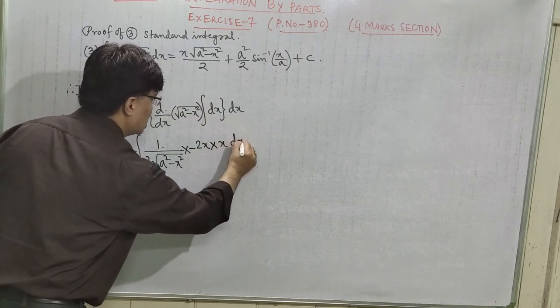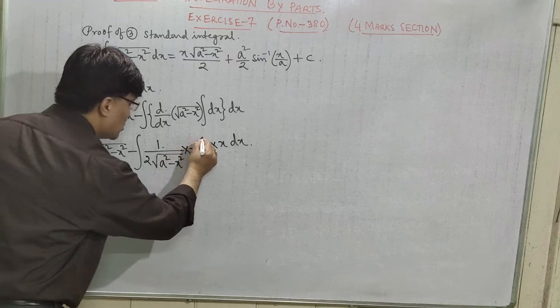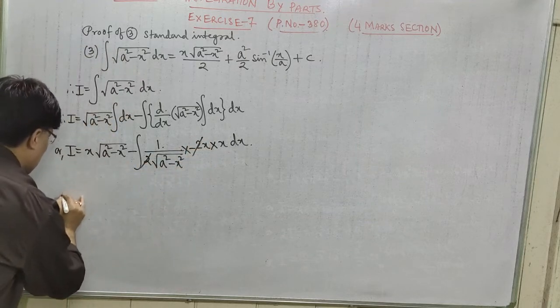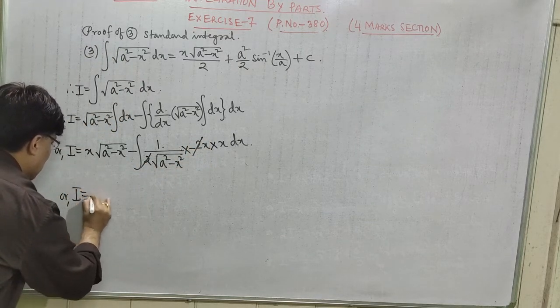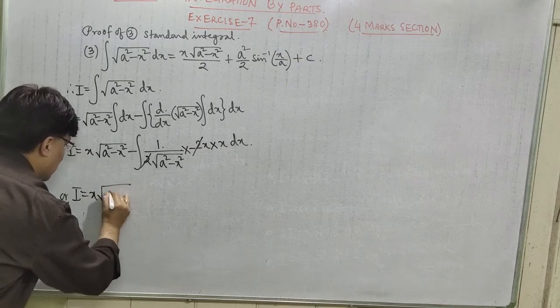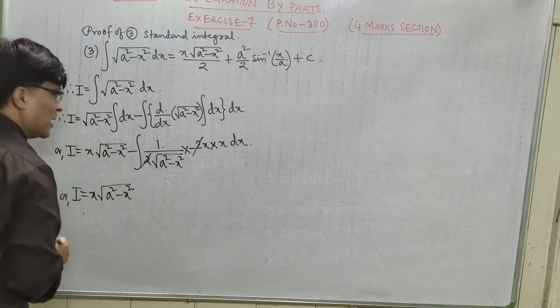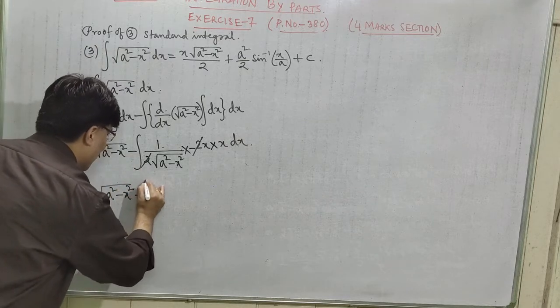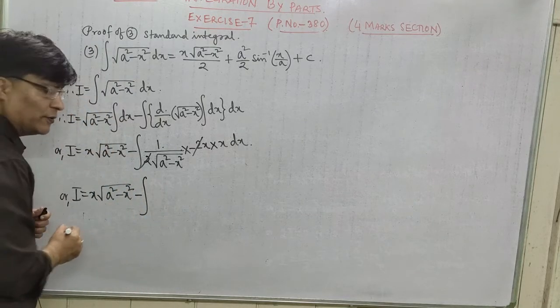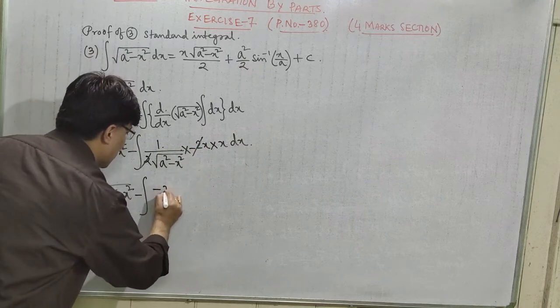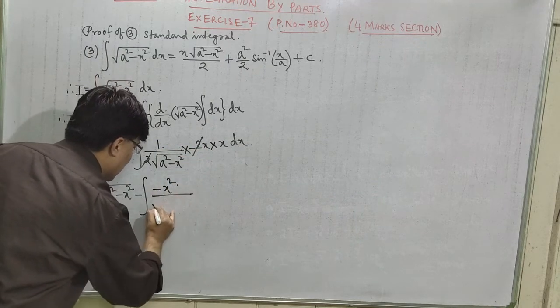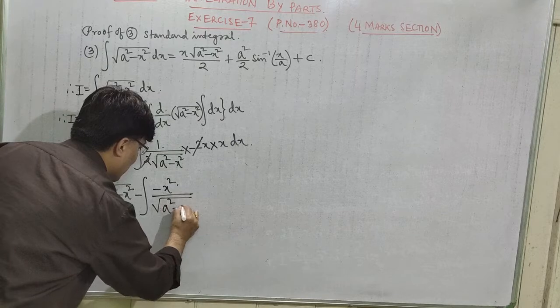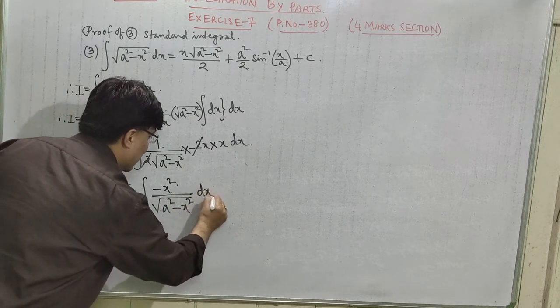That is your x dx. So here 2 gets cancelled, or I is equal to x root over a square minus x square, right? Then you have to write minus the integration of, this is minus x square divided by root over a square minus x square, then what do we write?